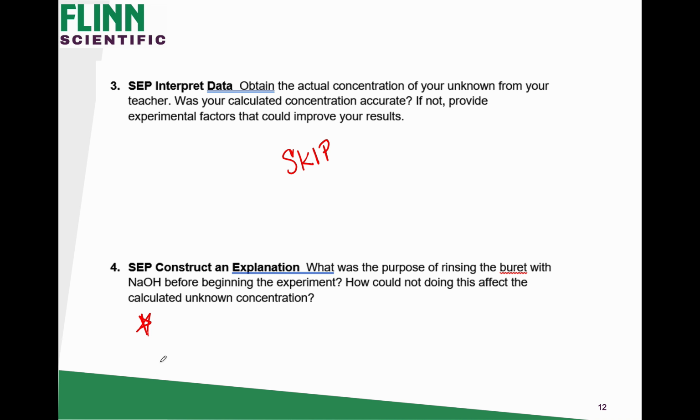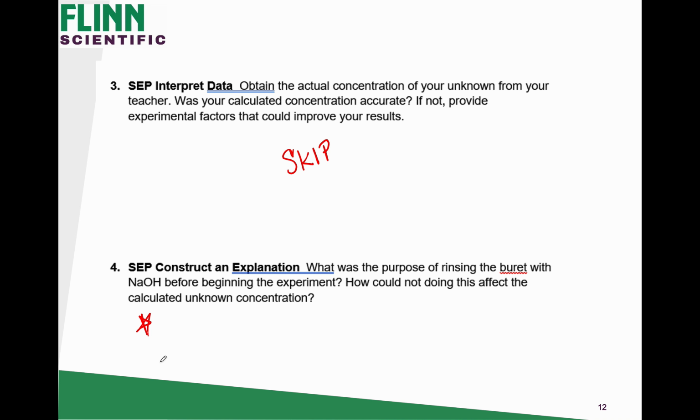So the question is, what was the purpose of rinsing the burette with sodium hydroxide before beginning the experiment? How could not doing this affect the calculated unknown concentration? So another way to word this is, what if you had rinsed the burette with water before putting the sodium hydroxide in there and starting your titration?